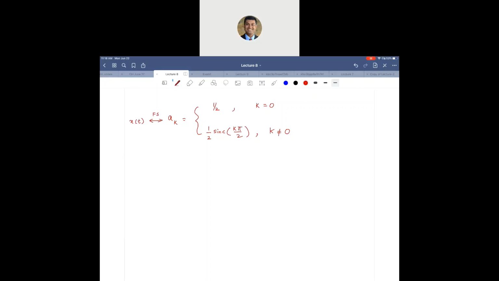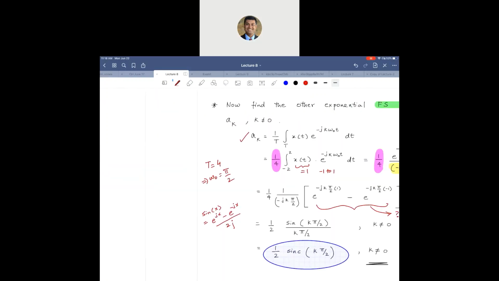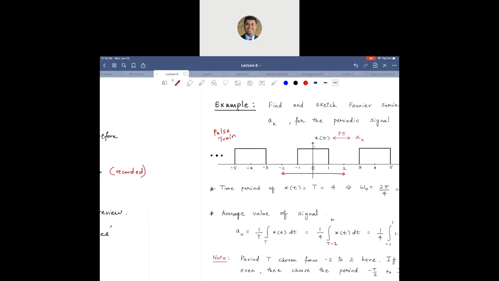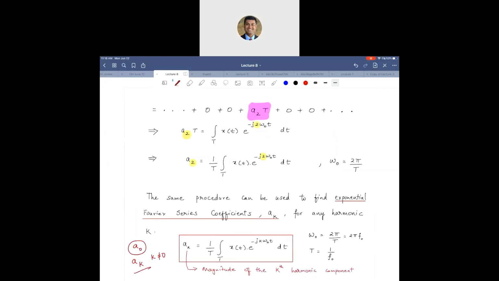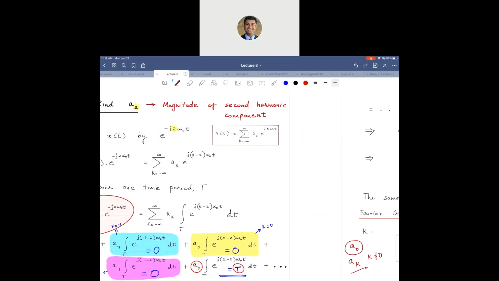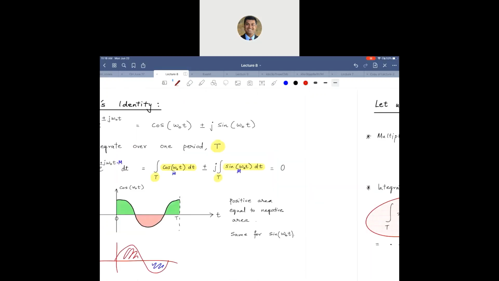Now, there is another way of looking at the same expression here, which is I can write x of t by evaluating. So if you see this expression here, right here, x of t.